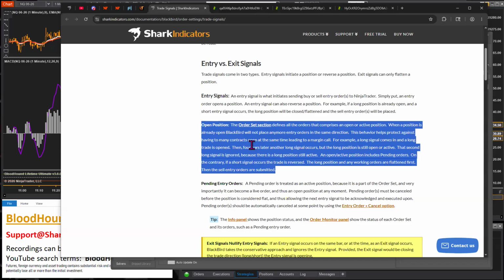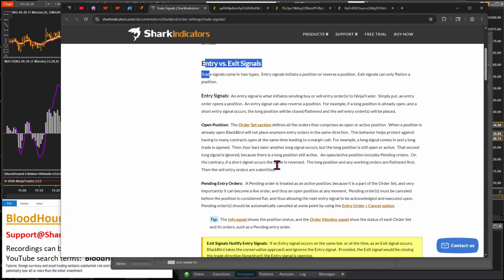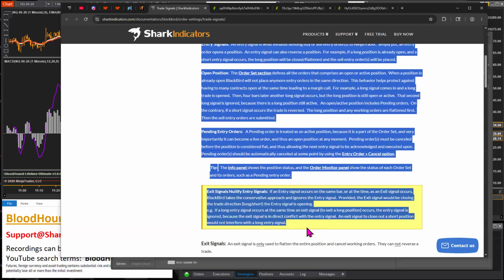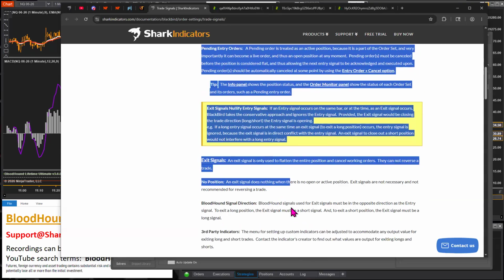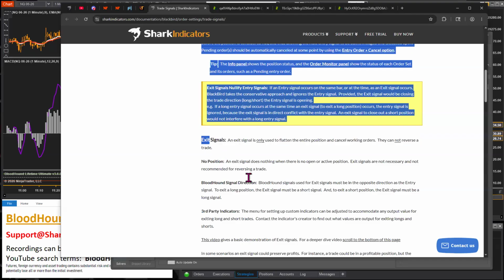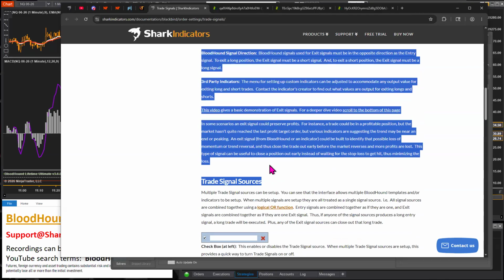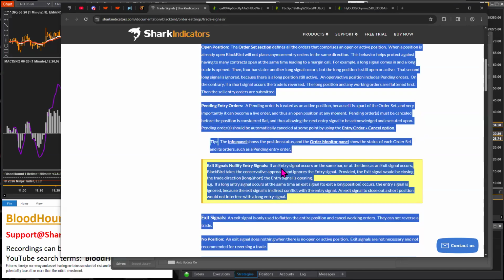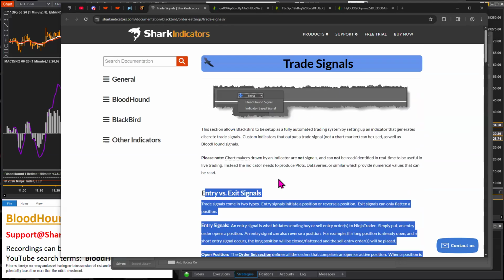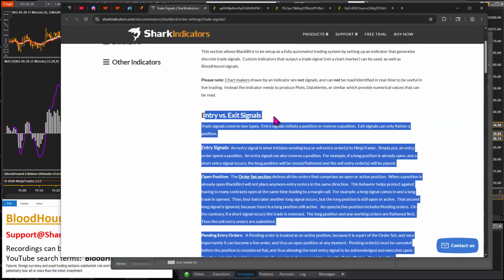But my recommendation is if you always focus on the narrow, then you're not going to see the bigger picture. So definitely read the entire section so that you understand the bigger picture of entry signals versus exit signals, and of how they interact with each other.